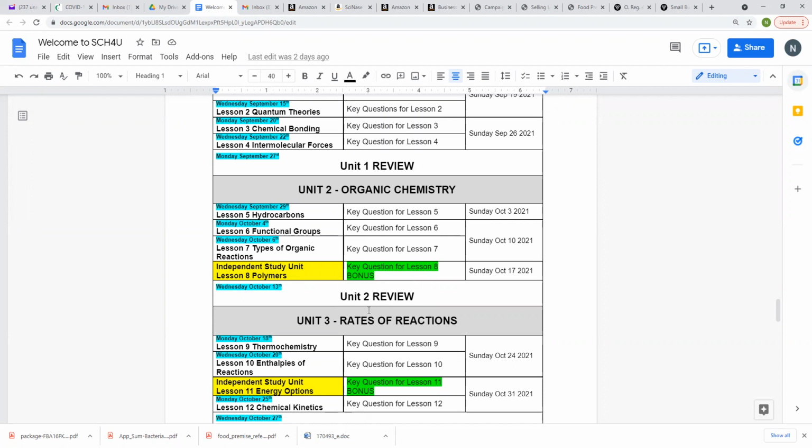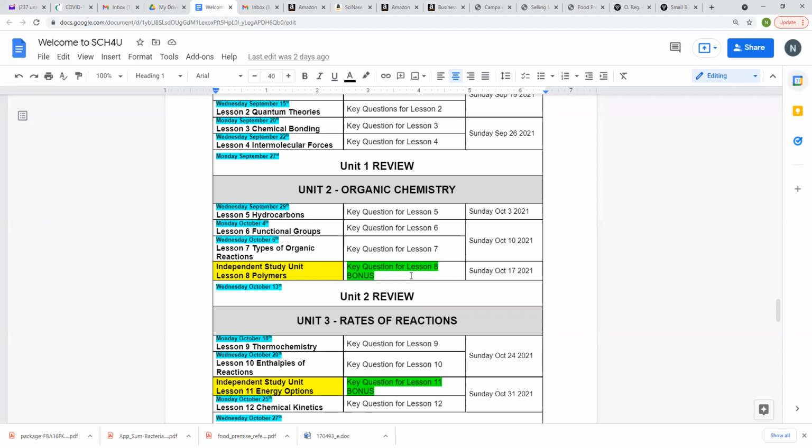In my unit 2 review, I will, time permitting, also cover polymers. I will go over that again with you guys, but it's mainly an independent study unit. It's a very short section that I encourage you to read up on your own, because you are still expected to know this.